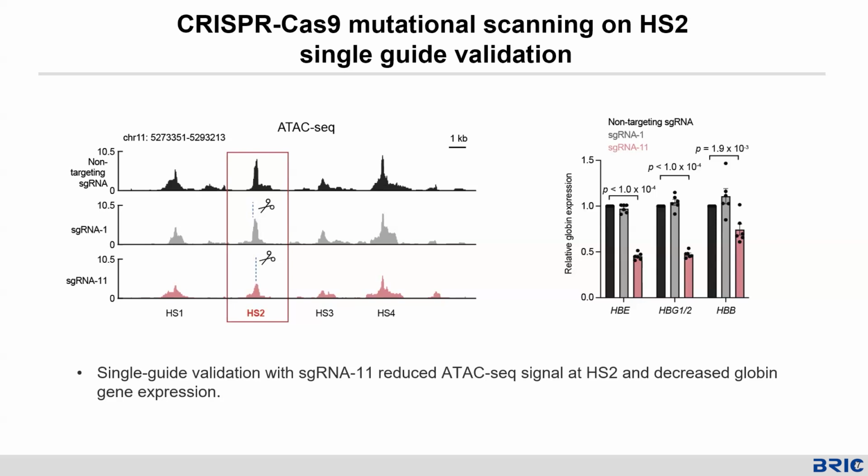So I conducted TDAC-seq following individual guide transduction and Cas9 electroporation. And from the TDAC-seq data, I confirmed that guide RNA 11 reduces HS2 accessibility, which validated our screen results. And this reduction in accessibility was also followed by a decrease in globin expression, as shown by RT-qPCR assay.